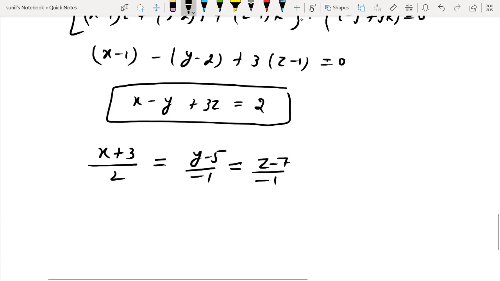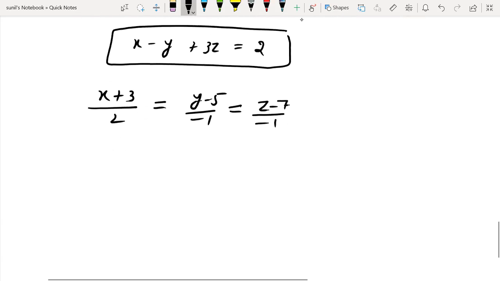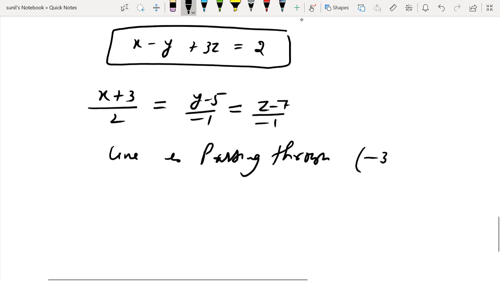Now this line is passing through the point minus 3, 5 and 7. Please try to understand that whenever we are finding the distance of a line from the plane, it is good enough to find the distance of any point through which the line is passing from the plane as a perpendicular distance.